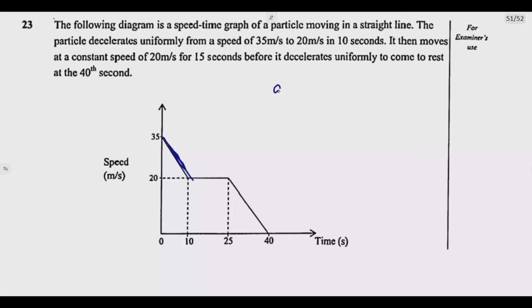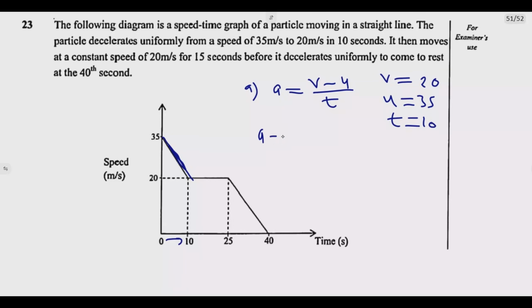So we know that acceleration is given by final velocity minus initial velocity over time. In this case, final velocity is 20, initial velocity is 35, and the change in time is 10 seconds.